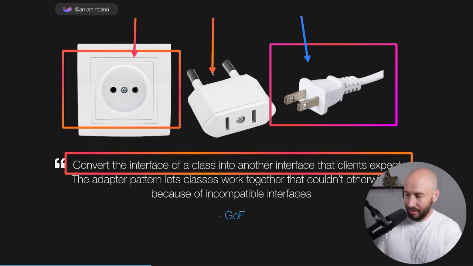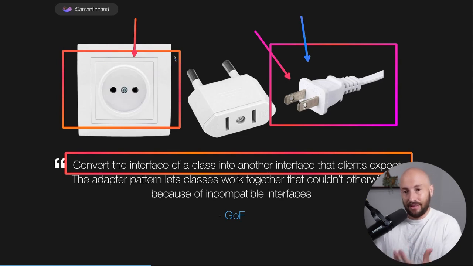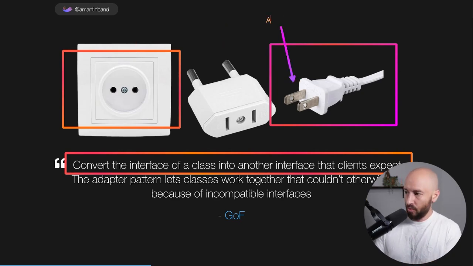The adapter takes the existing interface and converts it or adapts it into the interface that the client expects. In our case, the interface that we want are the two round blades, and what the adapter does is it takes the previous interface, we're going to call this the adaptee, and it converts it to what we're going to call the target.